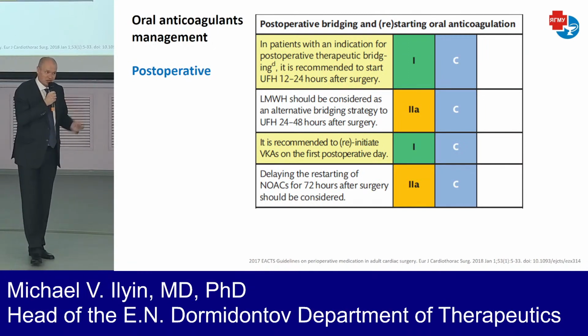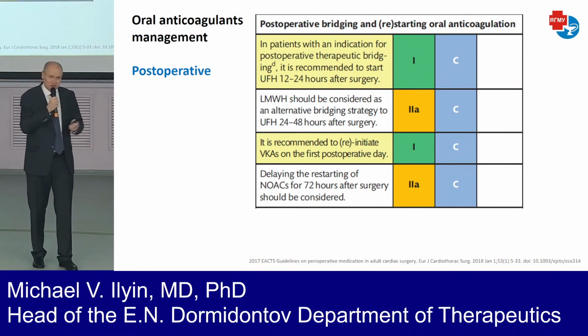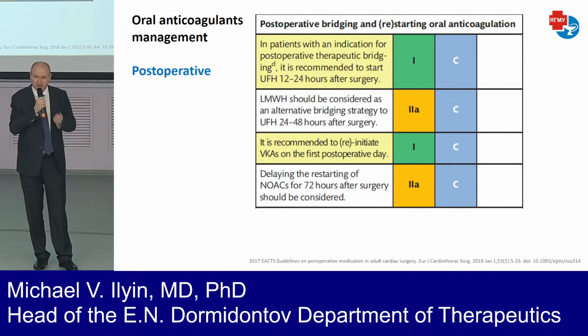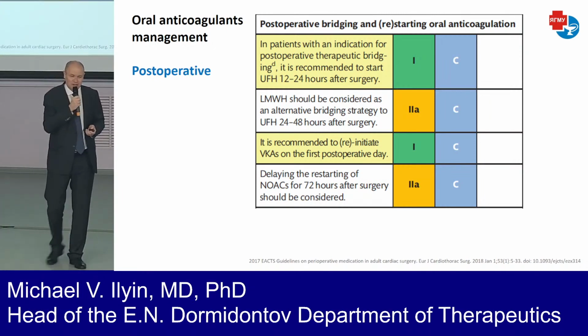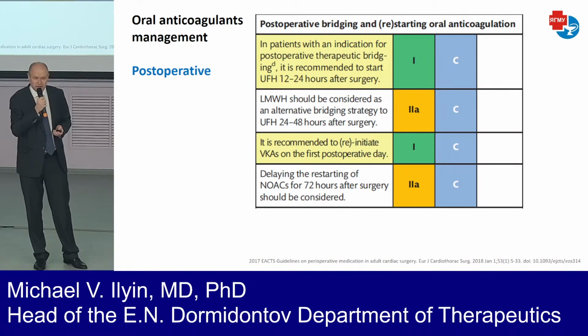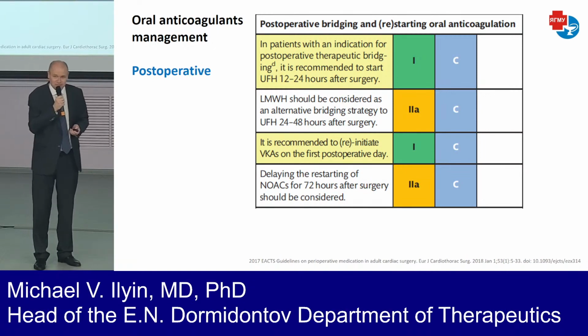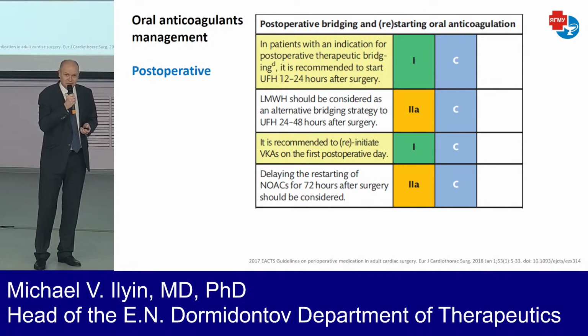And post-operatively, so we are successful, we performed the surgery, we did it. Now what are we gonna do after surgery with oral anticoagulants? In patients with an indication for post-operative therapeutic bridging, it is recommended to start unfractionated heparin 12 to 24 hours after surgery. This is a very important recommendation.